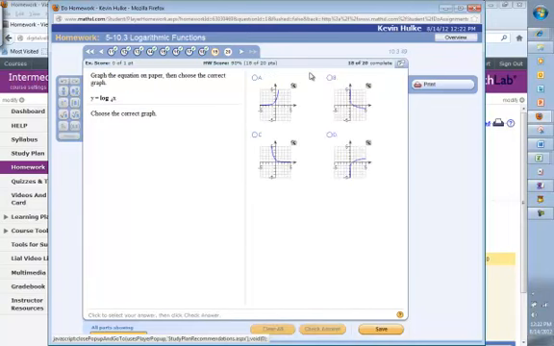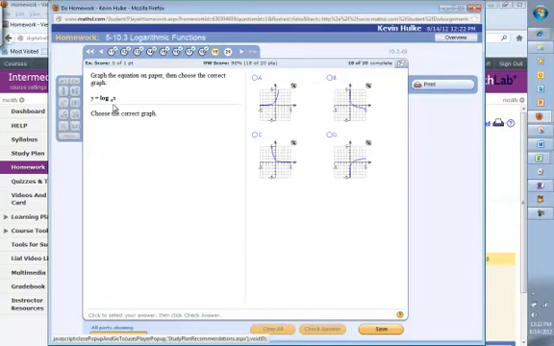Number 19. Now we have some graphs. A regular logarithm graph goes through 1 on the x-axis.